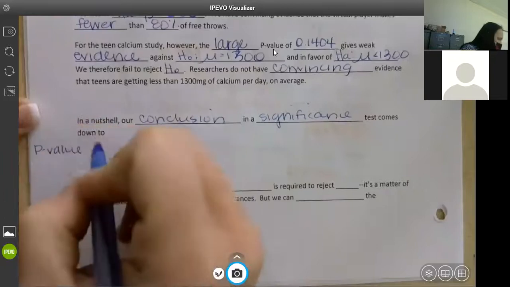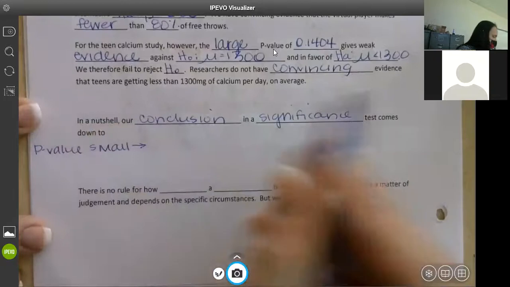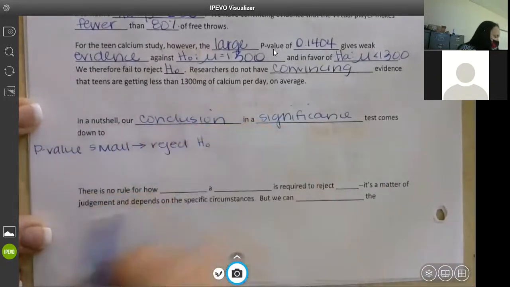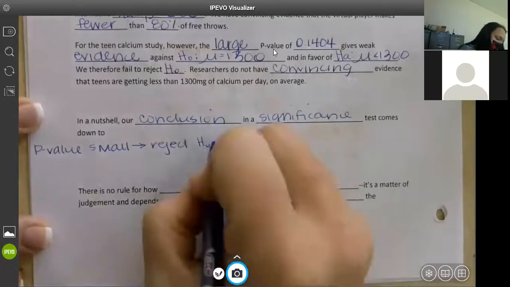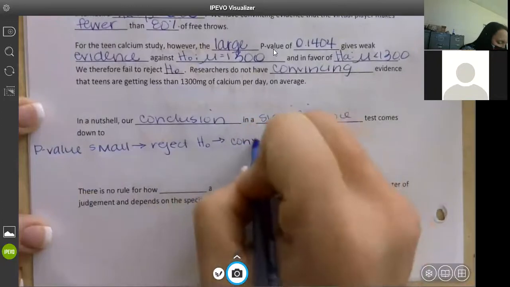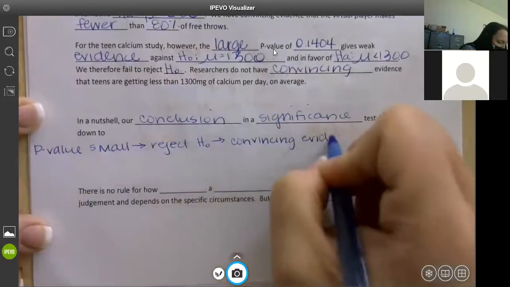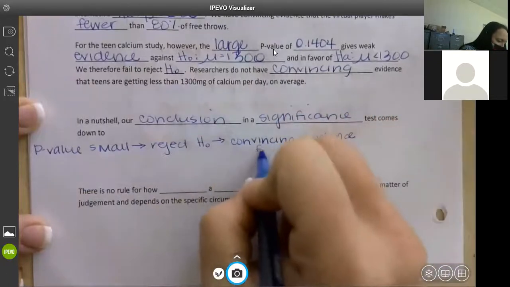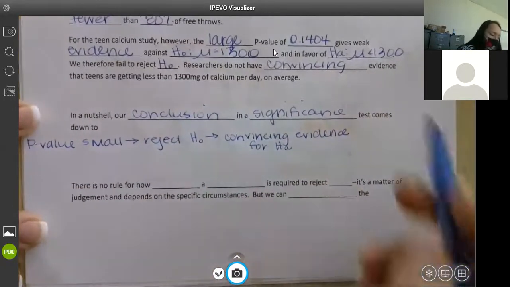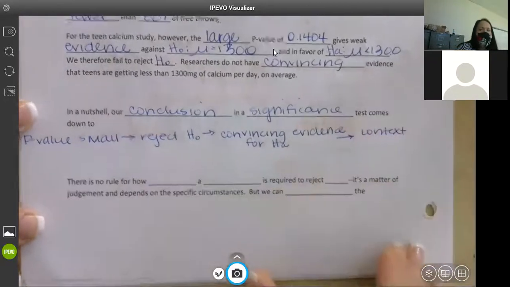If your p-value is small, you're going to reject the null, and you're going to say that there's convincing evidence for the alternative, and then in context.